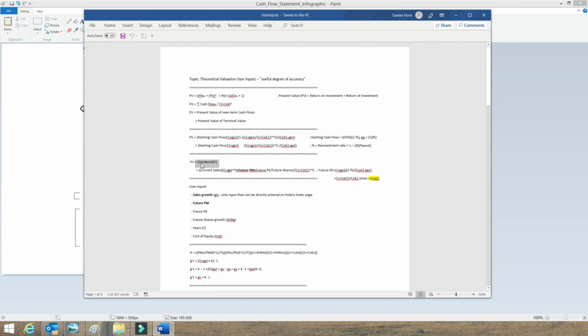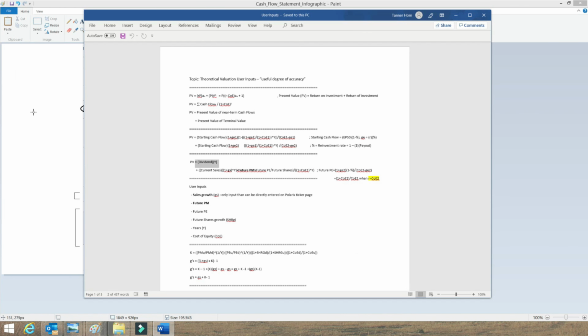So I want to focus on this first 5 years of cash flow. On the surface it may seem odd that a valuation formula would be based on a dividend cash flow, since dividends are somewhat arbitrary. Well, I'm going to show here that the Polaris formula is actually equivalent to a free cash flow to equity.